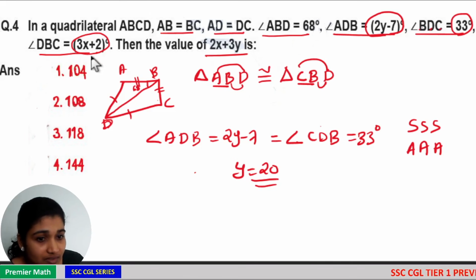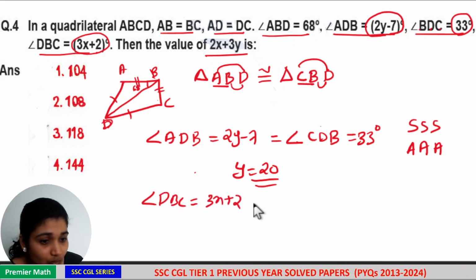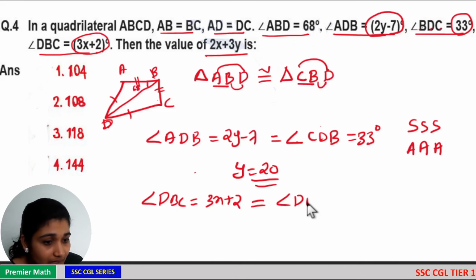Now, next is angle DBC equal to 3x plus 2, which is similar to DBC, DBC equal to DBA. Angle DBA. Now check for angle DBA.